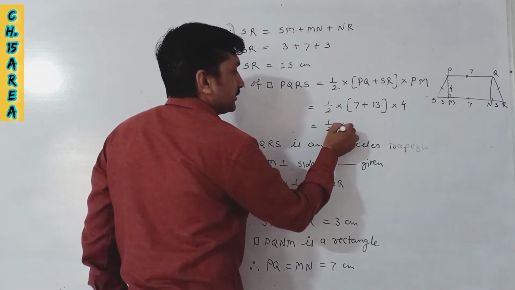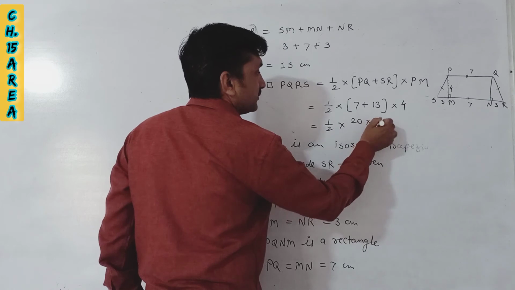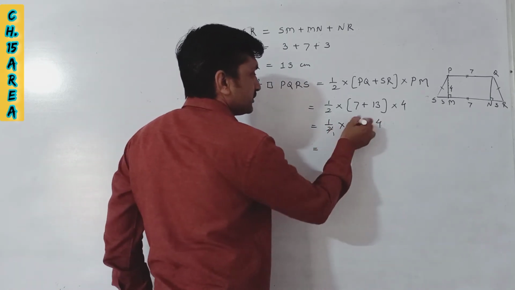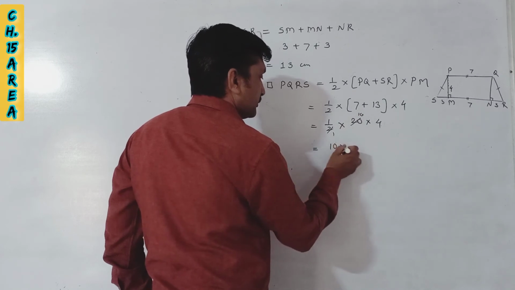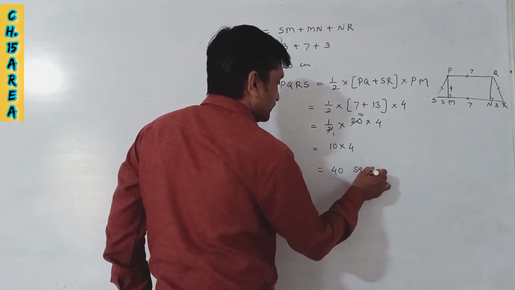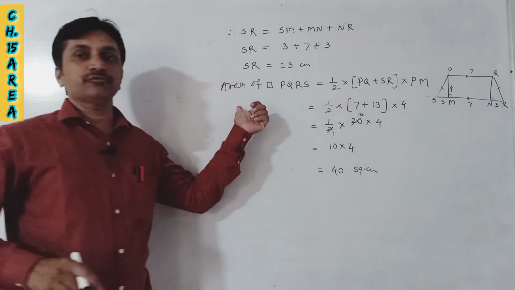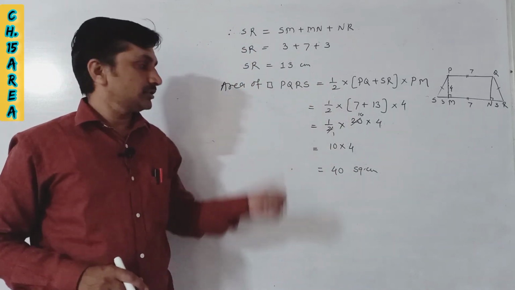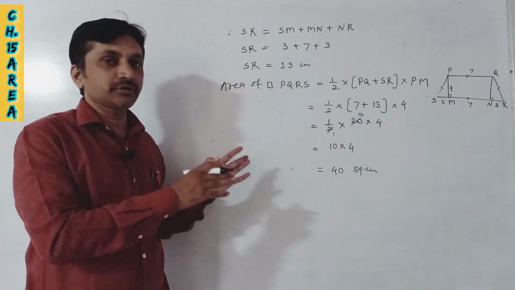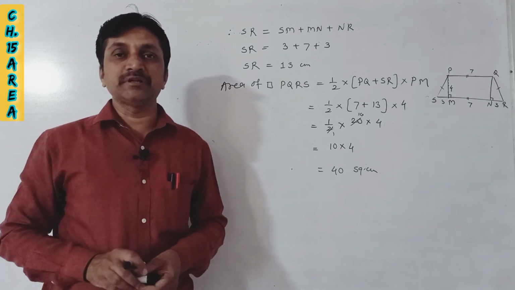Half multiplied by 20 multiplied by 4. Now do reduction, 2 ones are 2, 10s are 10. 10 multiplied by 4 is equal to 40 square centimeter. Therefore, the area of the quadrilateral, means trapezium, is 40 square centimeter. Dear friends, with this example we have completed practice set 15.3.